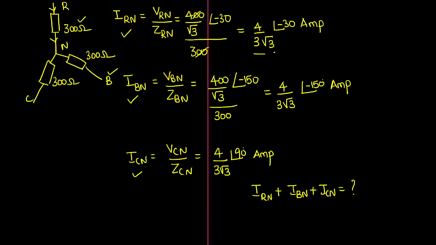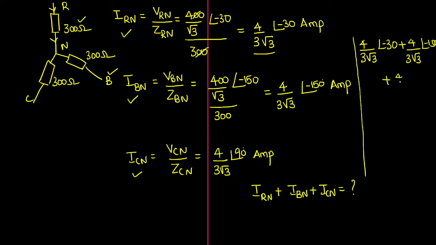So the first value is 4 by 3 into root 3 at an angle of minus 30 degree, plus the second phase, which has 4 by 3 into root 3 at an angle of minus 150. The third one has 4 by 3 into root 3 at an angle of 90 degree. Let us convert it into rectangular form. See, 4 by 3 into root 3 is common for all, so I am taking it out.